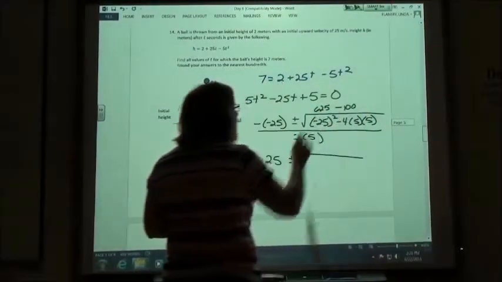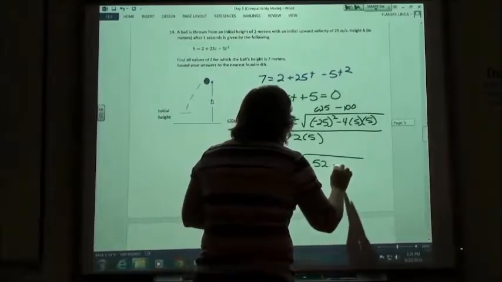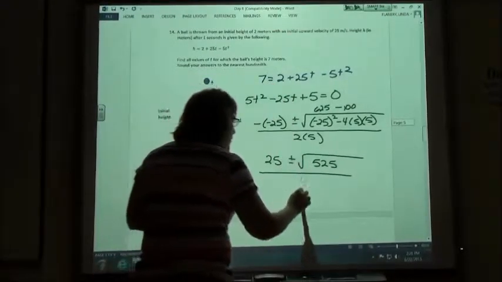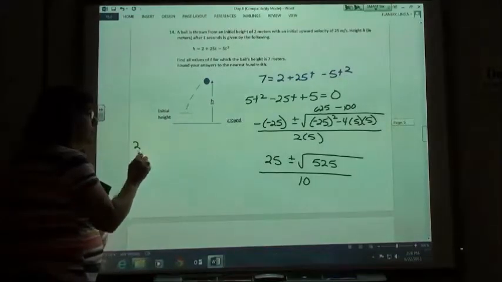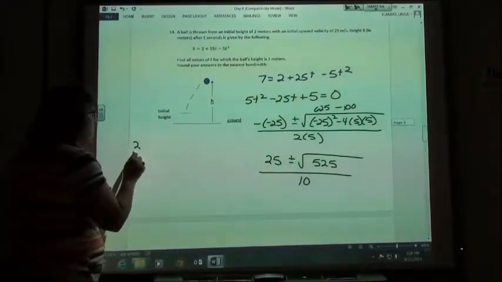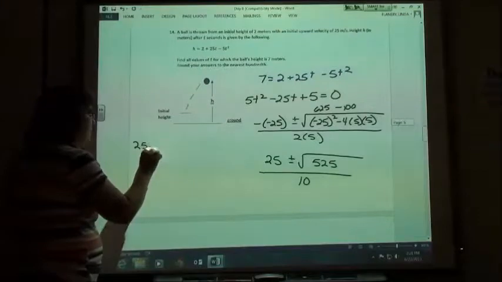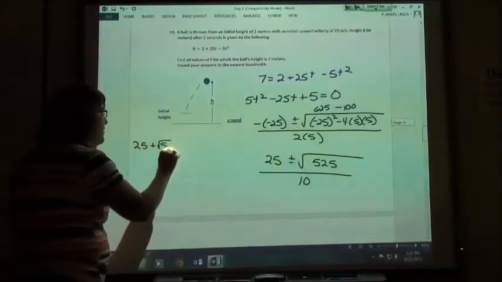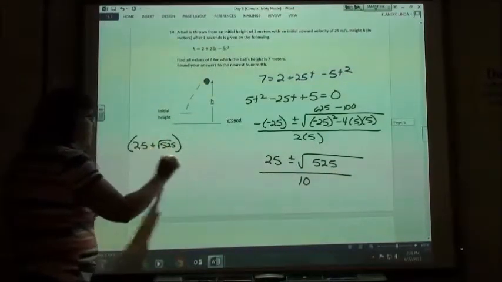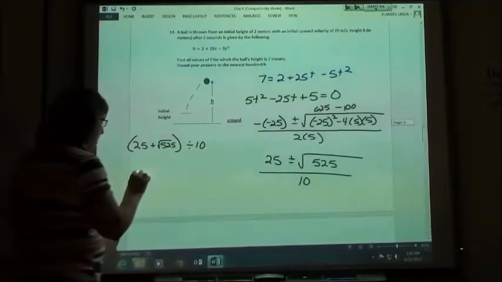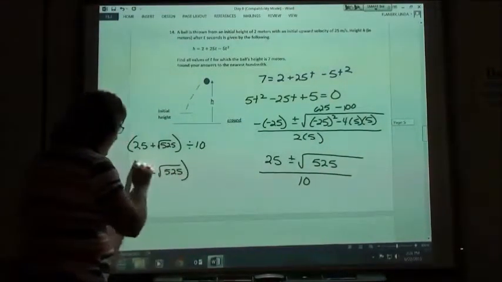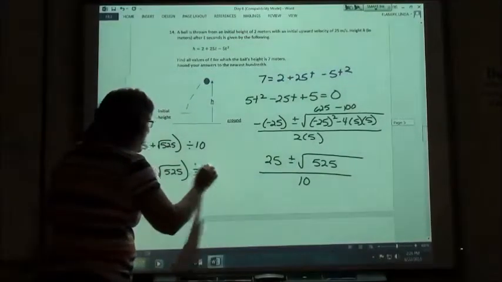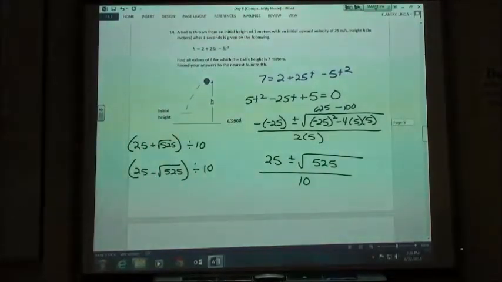So 625 minus 100, 525 over 10. So again, I'm going to do 25 plus the square root of 525 divided by 10, and then 25 minus the square root of 525 divided by 10. Make sure you use the parentheses or hit equals after that first part before you divide by the 10.